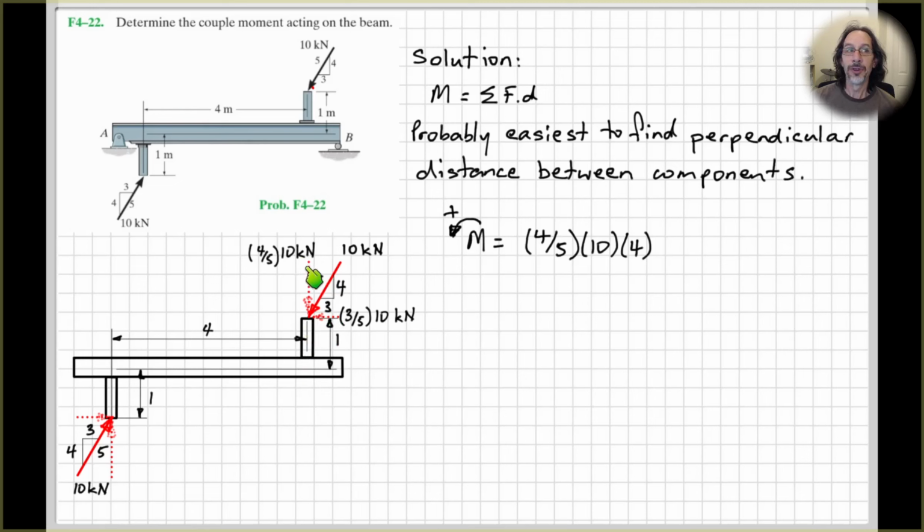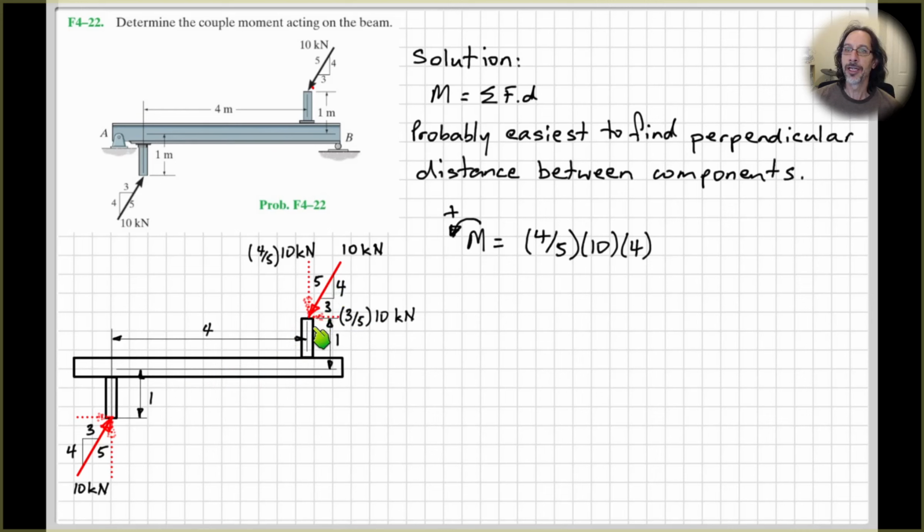If you're not sure about that, just go through the exercise. Take moments about this point here, maybe take moments about a point midway between these two vertical bits of structure, and then take moments about this point and see that you get the same answer.